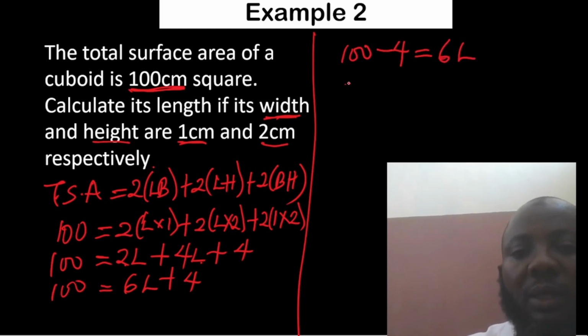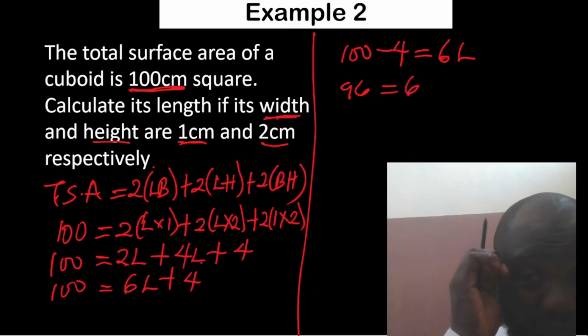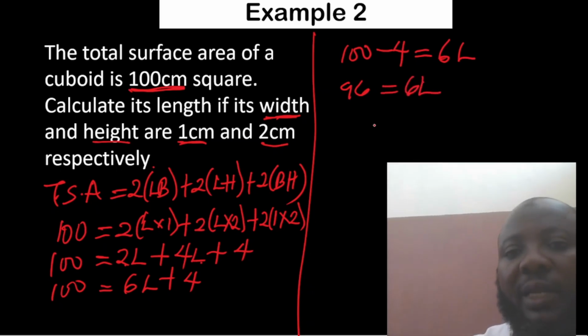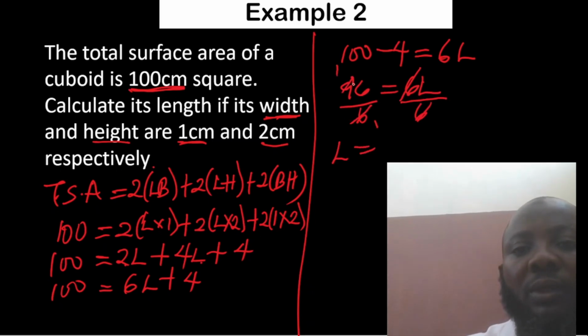That is 96 equals 6L. Divide by 6 on both sides. So the length is equal to 16.